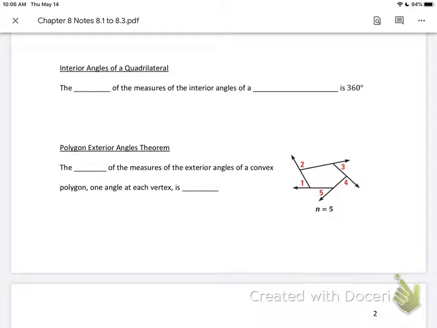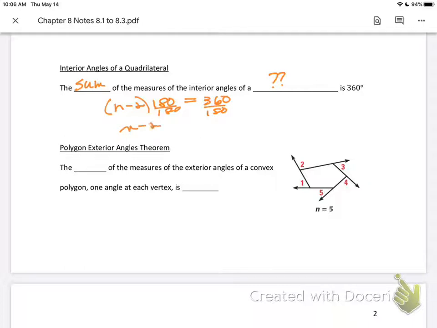Okay, so here's another example. Okay, the sum of the measures of the interior angles of a what? So what shape is 360? So I'm going to have to say n minus 2 times 180 equals 360. Okay, divide both sides by 180.